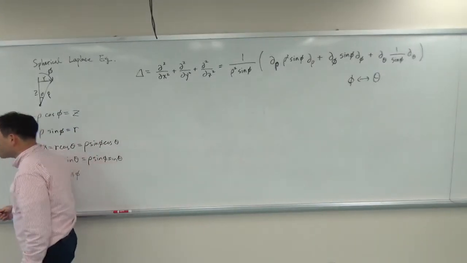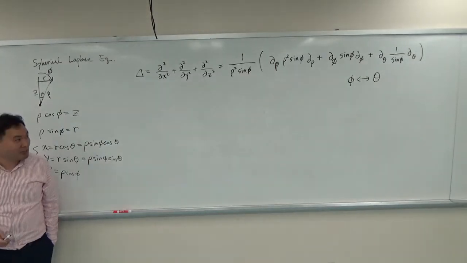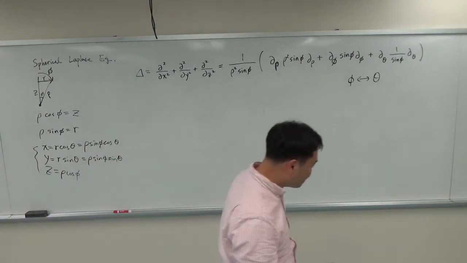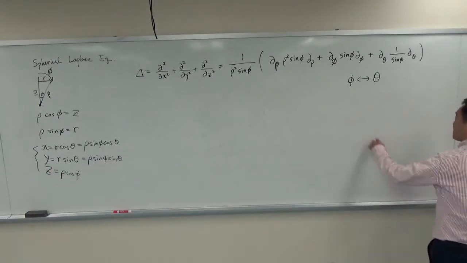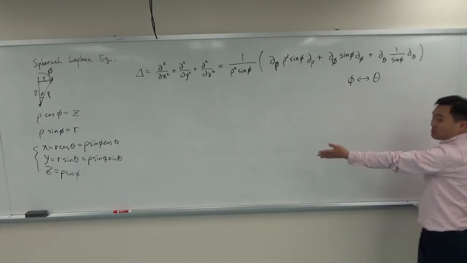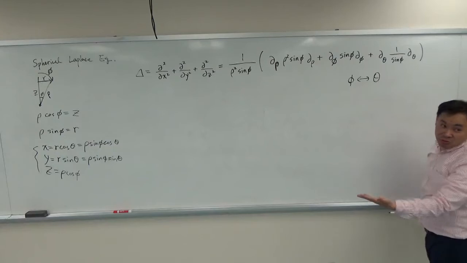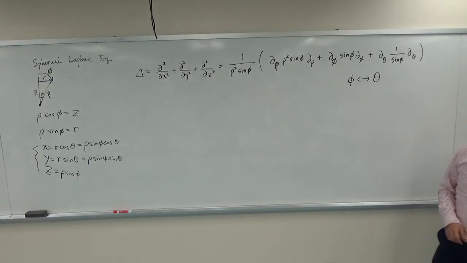We have to blame the physicists because if you look at the math, obviously phi should be from the North Pole and theta should be the angle that you open the page, because it goes well with the cylindrical. But somehow physicists didn't like that, and they were using phi for what mathematicians use for theta, and theta for what mathematicians use as phi.